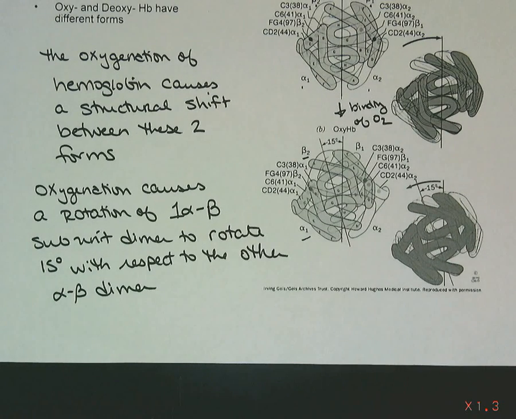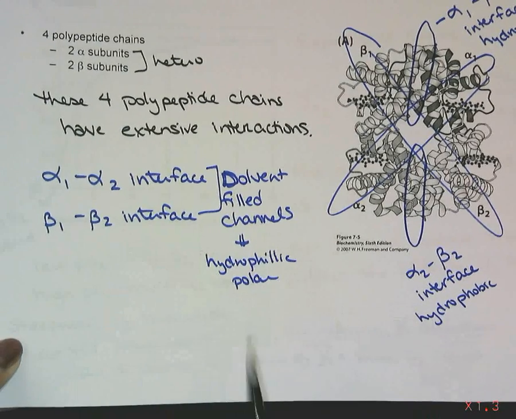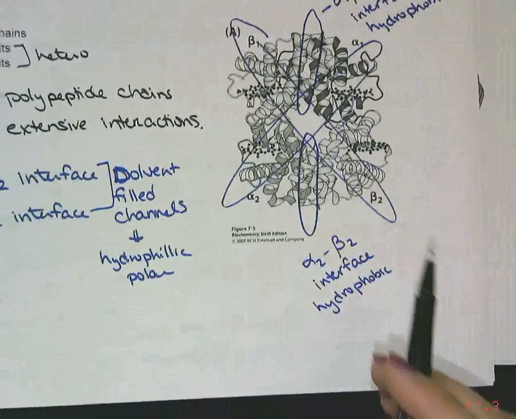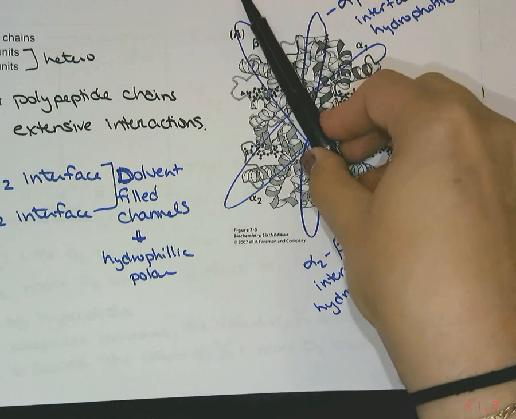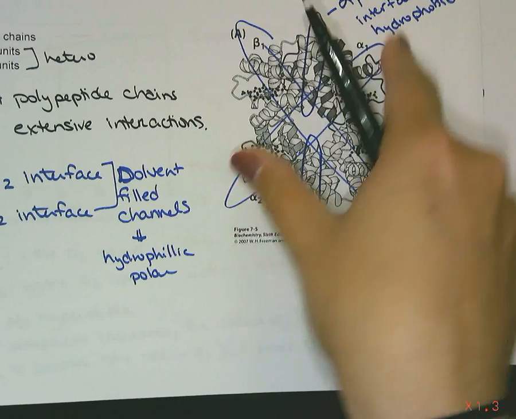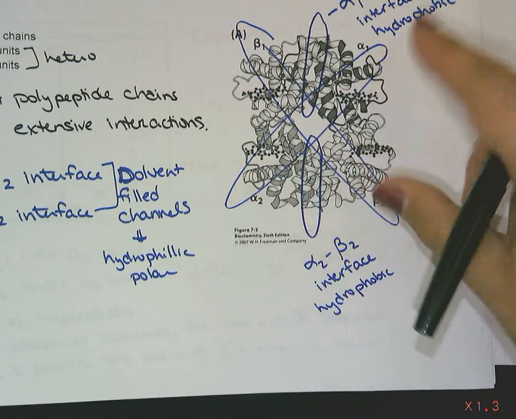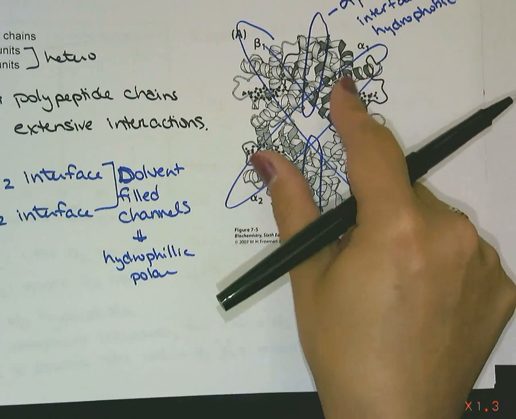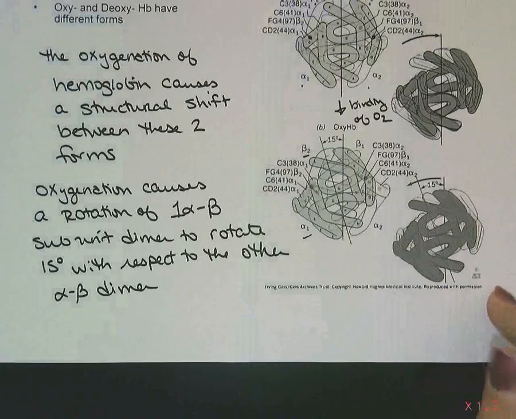So, thinking back 2 seconds ago, when I said that the alpha-alpha interface is solvent-filled and the beta-beta interface is solvent-filled, and this picture's a little bit bigger to look at, I'm now forcing a shift in the overall molecule. It actually is going to force these alpha-alpha interfaces to close up and the beta-beta interface gets closer.